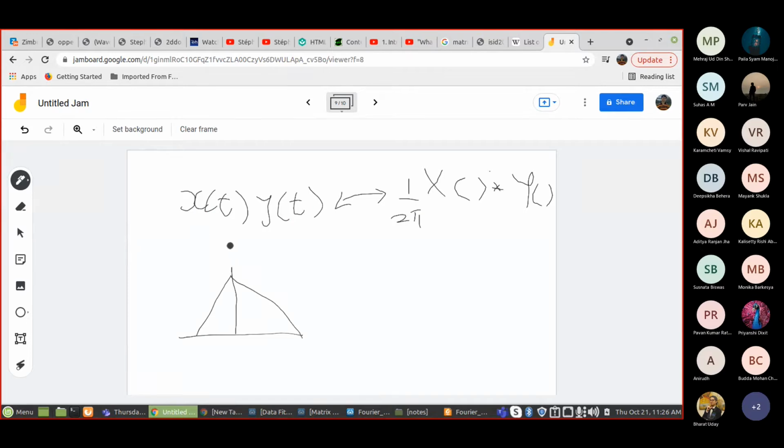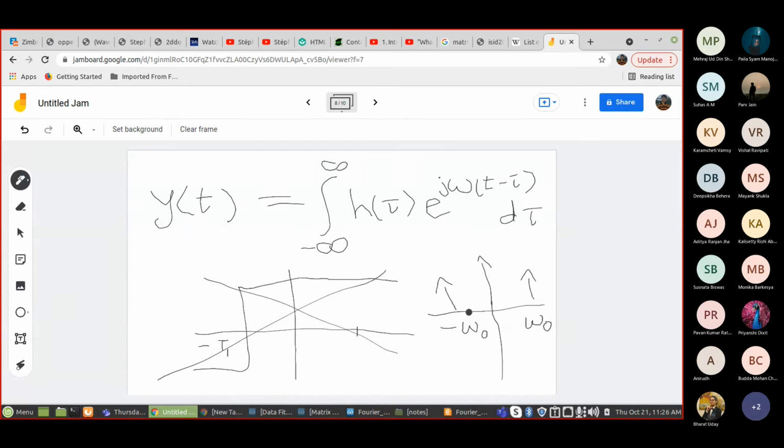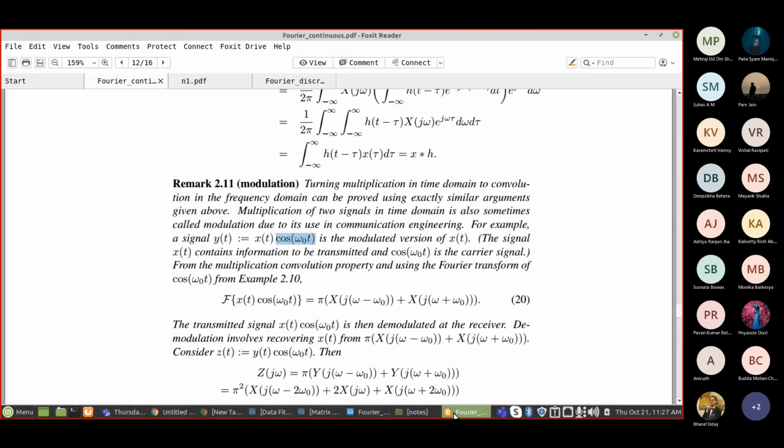I've drawn this badly, but it is symmetric about it. Okay, so this is my Fourier transform of x, and we have already seen Fourier transform of cos function also, right? So when we do this multiplication, x of t times cos omega t, in the Fourier domain, this will turn into convolution.